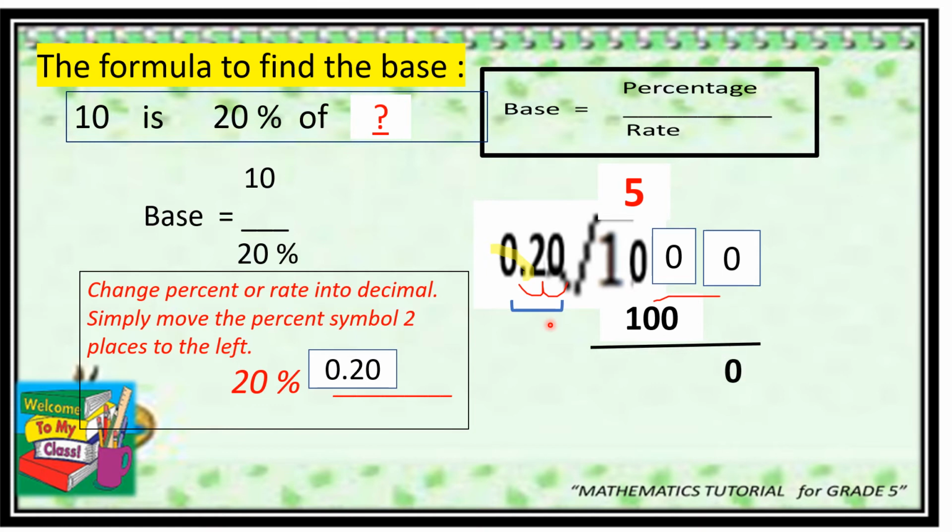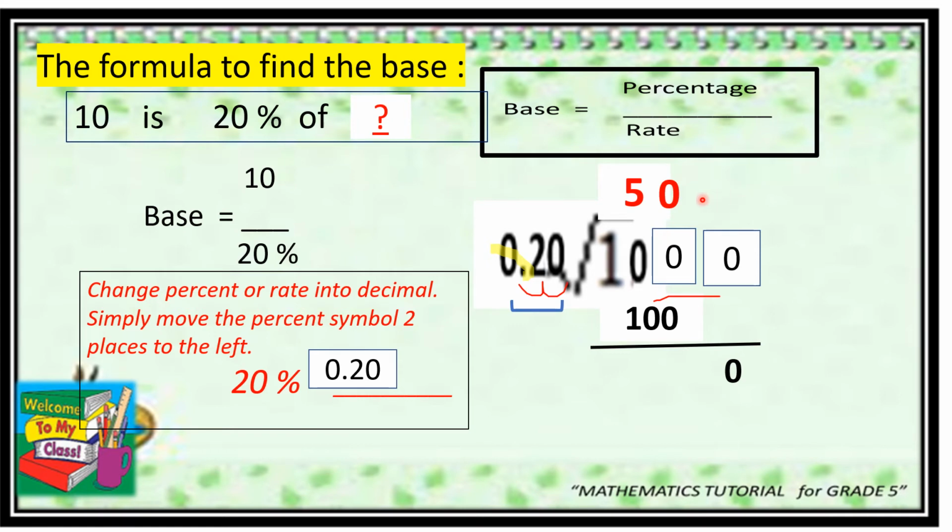Then, isasubtract po natin. 100 minus 100 is equals to 0. So, dahil mayroon pa tayong i-bring down na another 0, di tayo kailangan maglagay ng 0 dito sa ilalim ng 100 minus 100. Kung hindi, bring down yung 0. Okay. 0 divided by 20 equals 0.